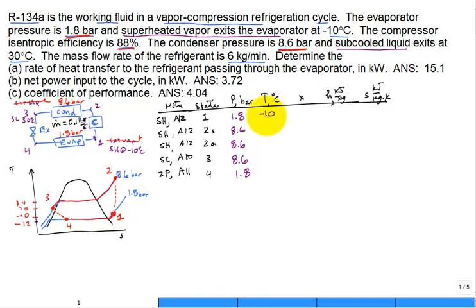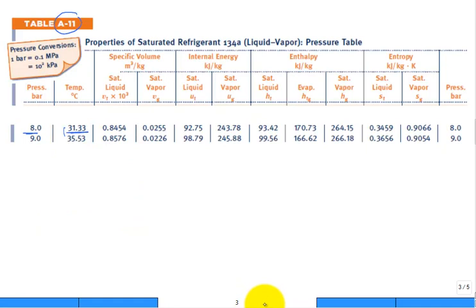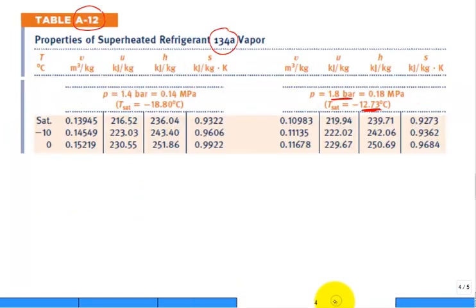degrees C. Well, this is slightly superheated. Let's see what I have for this one. That's A11. Here's table A12. It's in the superheated refrigerant R134a. We're at the low pressure of 1.8 bar.